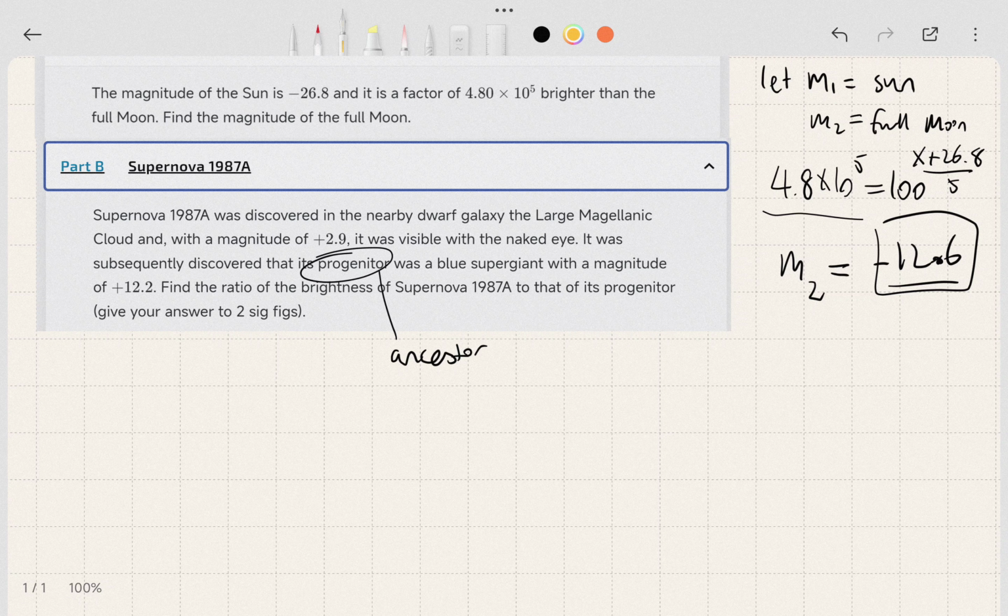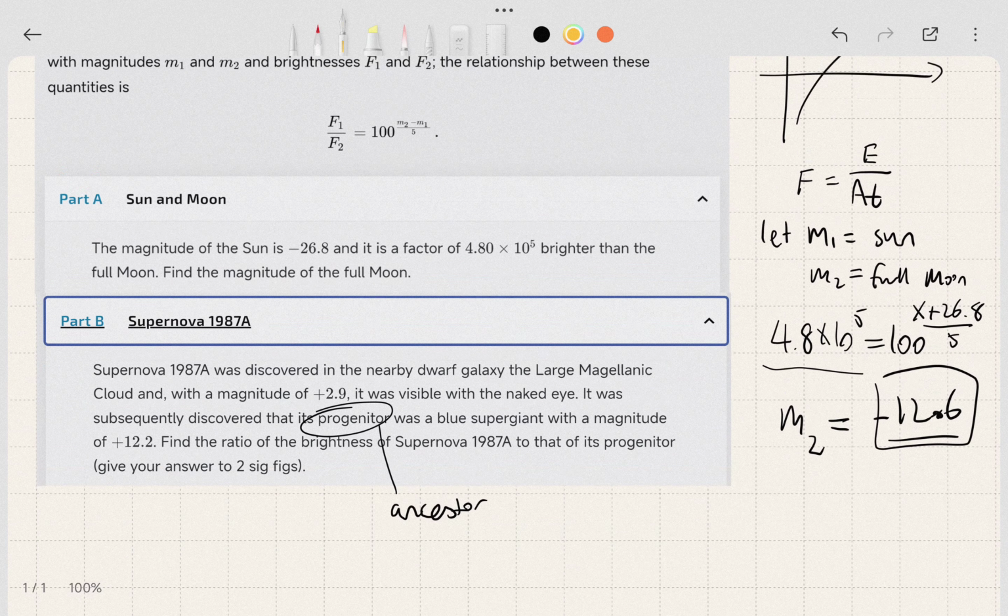So it's going to be very hot, with a magnitude of plus 12.2. Find the ratio of the brightness of the supernova to that of its progenitor.